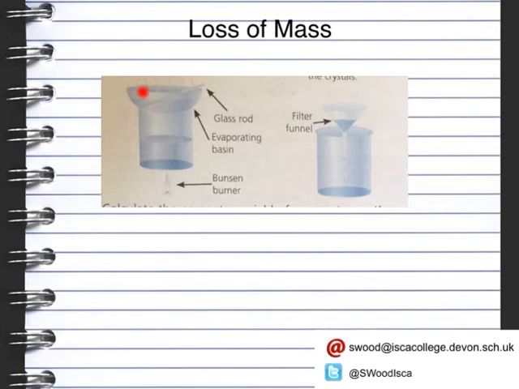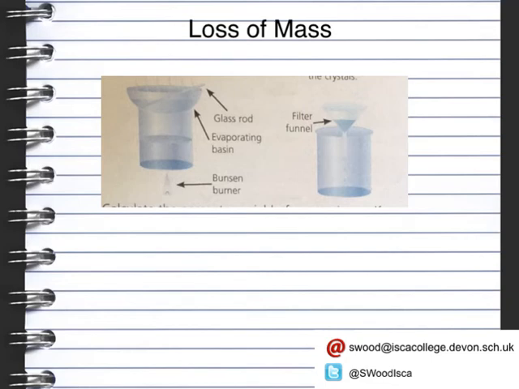Here we've got the glass rod, which will encourage the salt to form, and then we're evaporating the water to leave that salt to form. Now then we filter the crystals. Here, in the filtering process, we are likely to lose some of the salt. Some of the salt may not have solidified, so within the filtrate, the stuff that comes through, there is likely to be some salt, meaning that we're not going to get everything that we want.